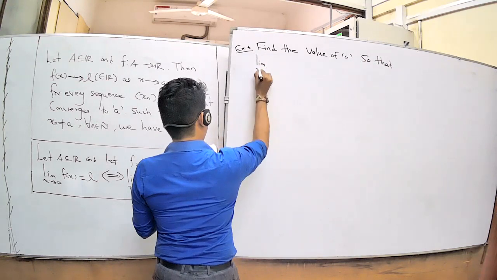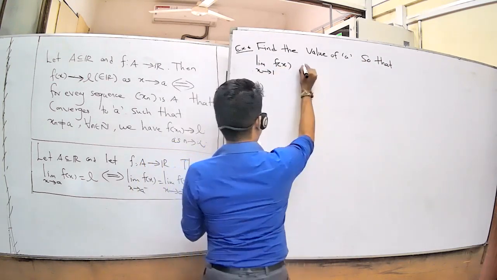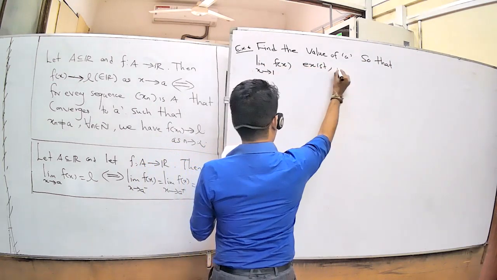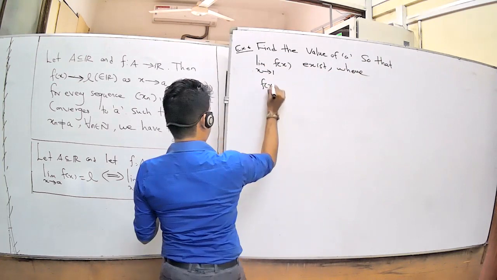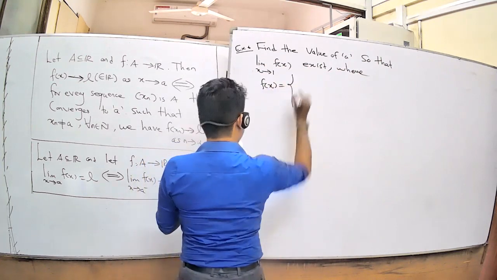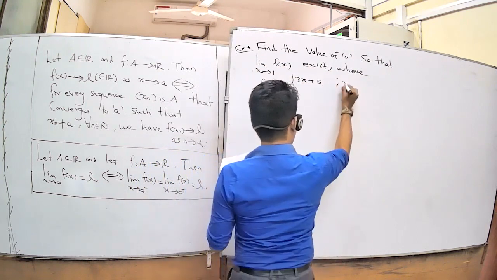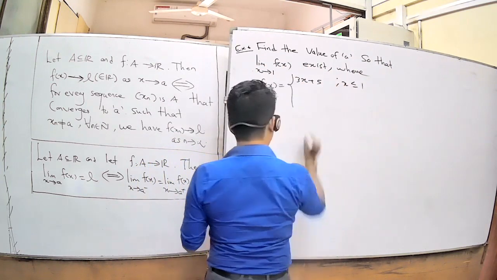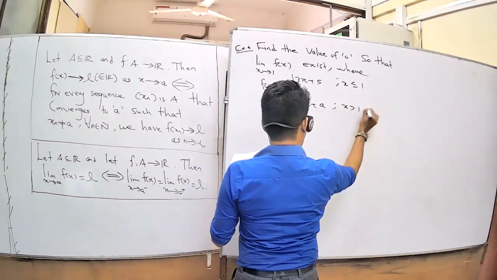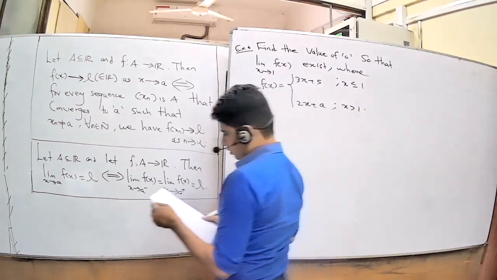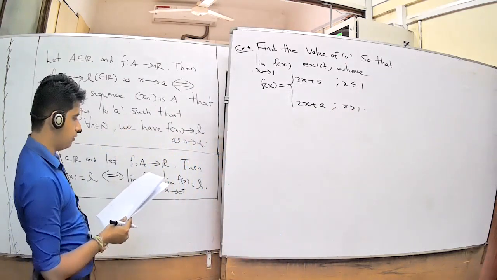Limit of x tends to 1, f of x exists, where your f of x is given by 3x plus 5 for x less than or equal to 1, and 2x plus a for x greater than 1. Here they mention the limit exists at x equal to 1.